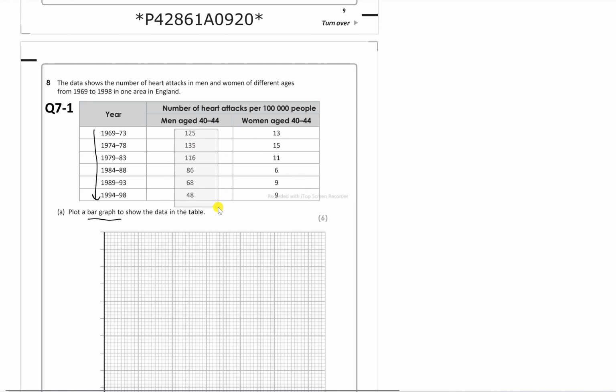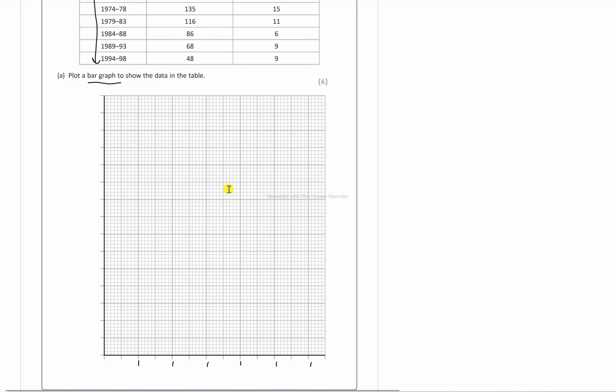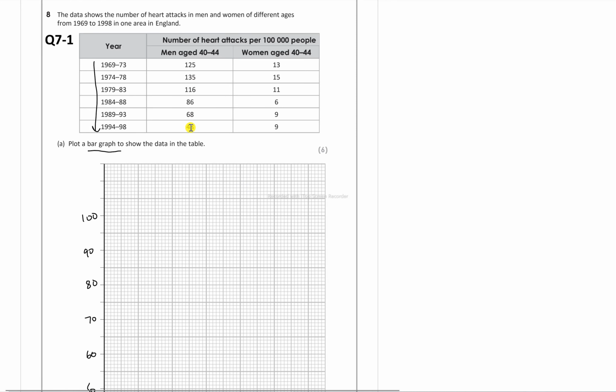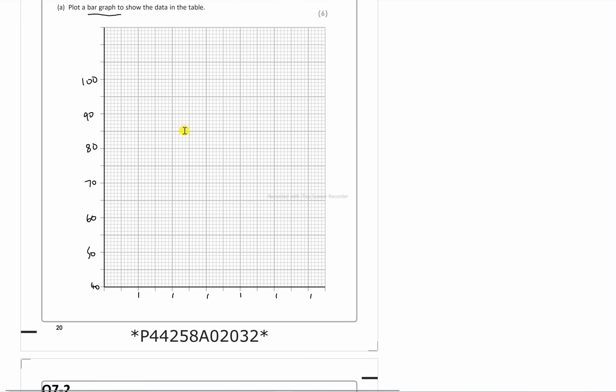So how much would that be? 48. That's 40. Let's, for argument's sake, go 40, 50, 60, 70, 80, 90, 100. And we've got 135. So that's not enough.